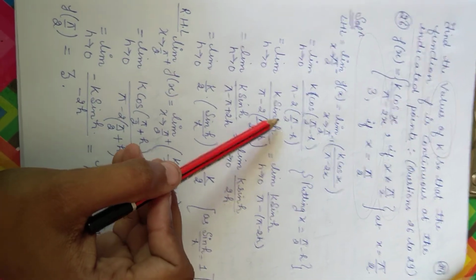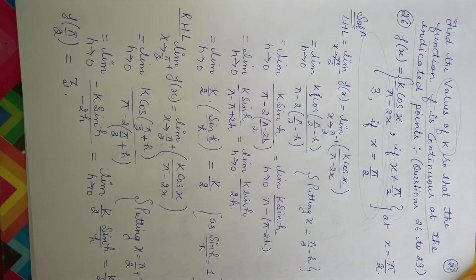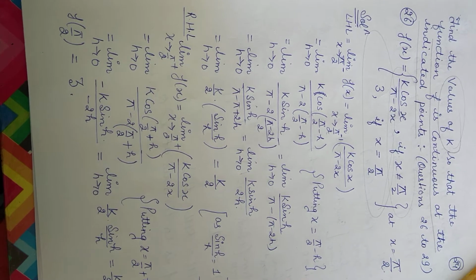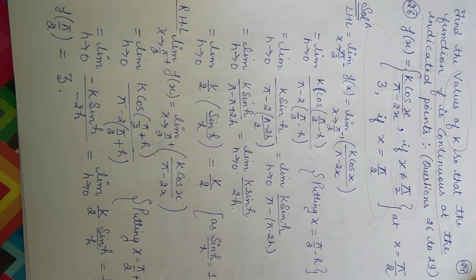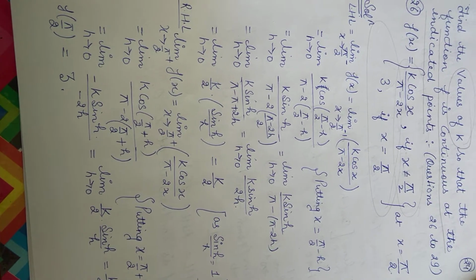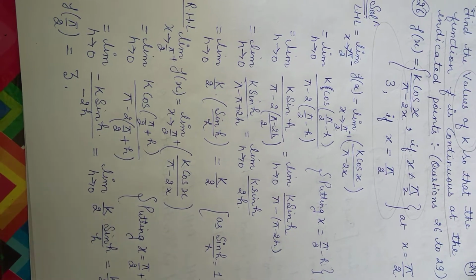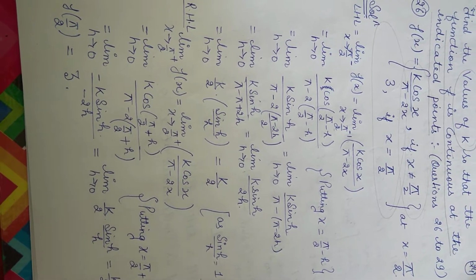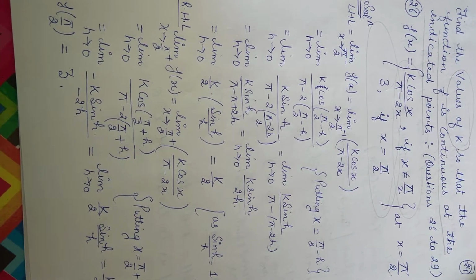Clear बच्चे? Now as usual, as we are always doing, we are finding three things, that is LHL, RHL and then the function value, and on the basis of this बच्चे, you have to see whether the function is continuous or discontinuous.